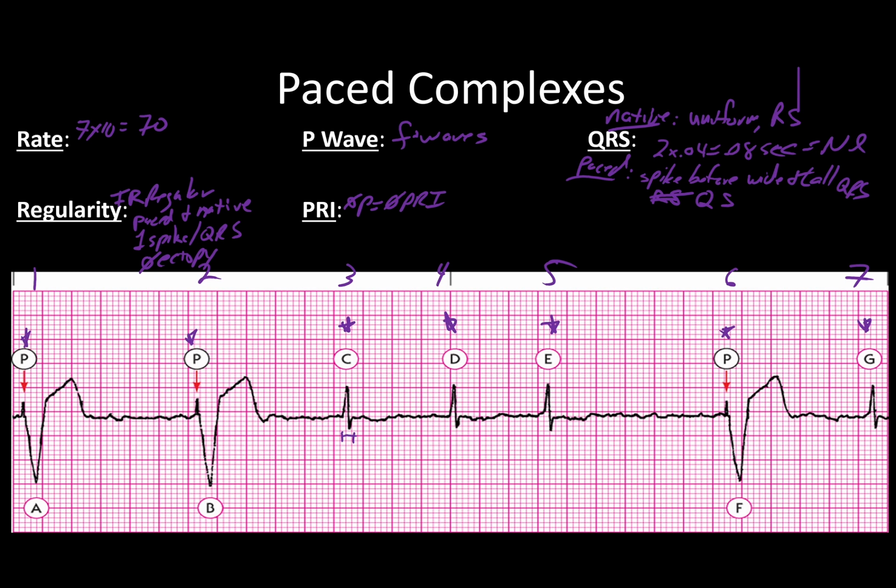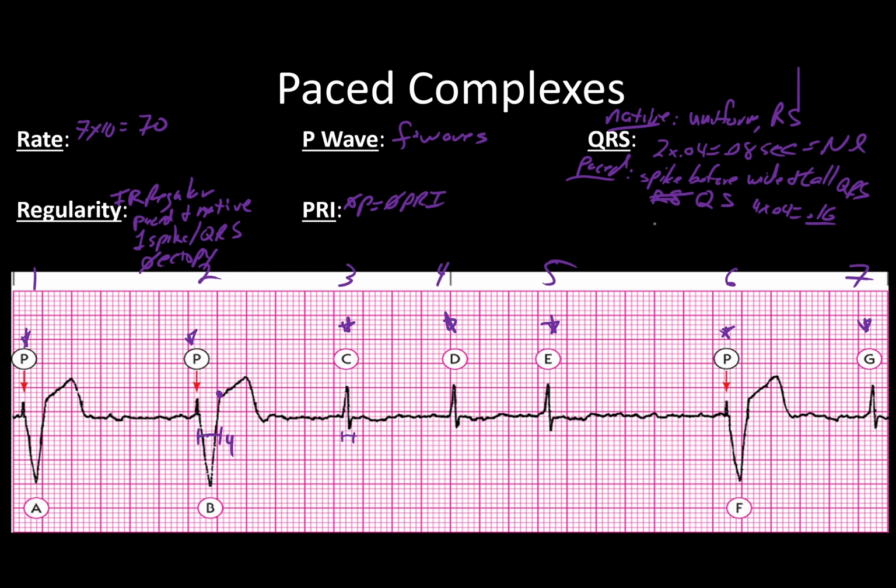If we were to measure these out, we would start right about here where the QRS begins, and right here at the J point, which is about here, and that's 1, 2, 3, 4. It's about 4 small boxes. 0.16, which is definitely wide.